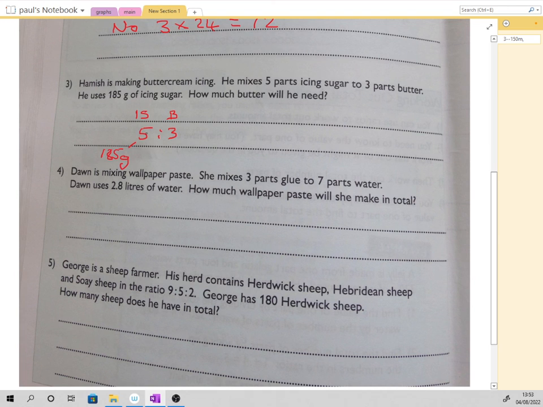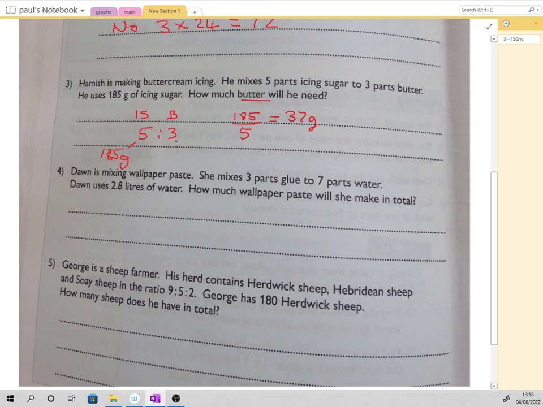So to find out how much each part of the ratio is worth, we need to do 185 divided by 5. Now, I've said you can use a calculator, so I may as well make it easy: 37. So each part of the ratio is 37 grams. How much butter will he use?